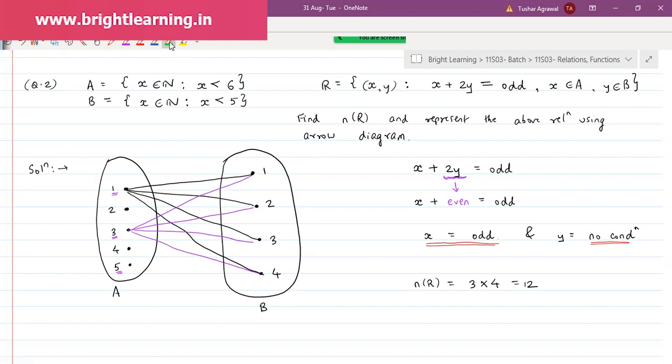And 5 will get connected to all of 1, 2, 3, 4. This is the arrow diagram for the question. Is this clear?